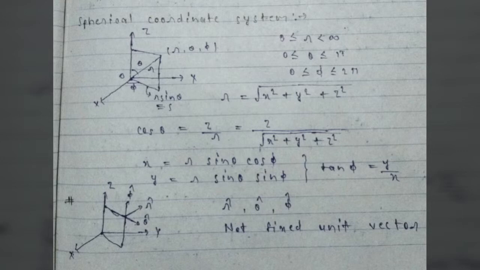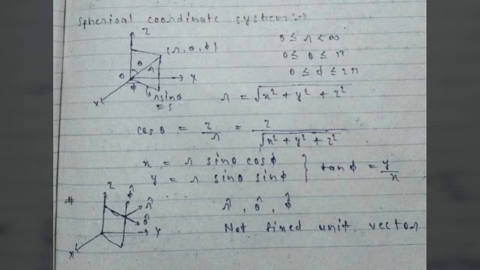If I transport it parallel to itself, it's going to be pointing down like this. And phi vector is going to be like the cylindrical coordinate phi vector, like this, which is perpendicular to r and theta. So let's write this: r unit vector, theta unit vector and phi unit vector.